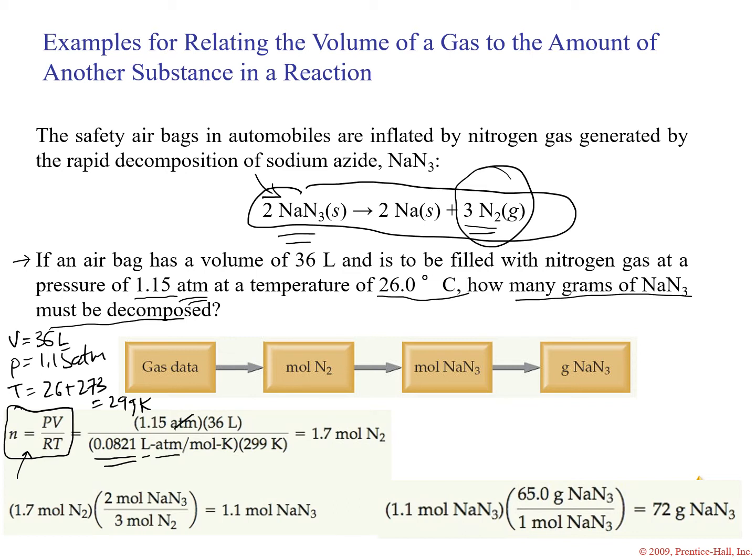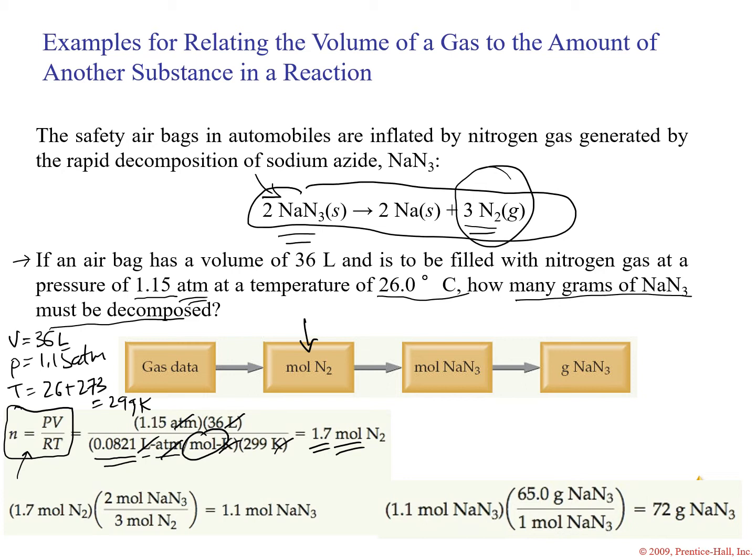In that way, atmospheres cancel, liters cancel, Kelvin cancels, and we have simply the inverse of the mole unit, which is of course mole. So numerically, if you plug in the numbers like that, you should have 1.7 moles as the number of moles of the nitrogen.